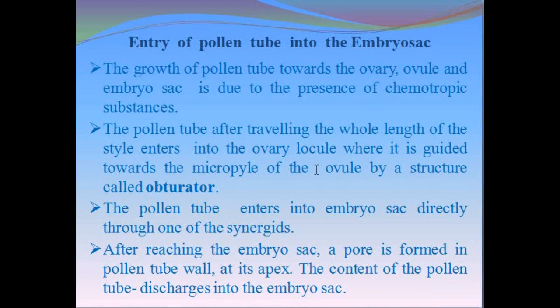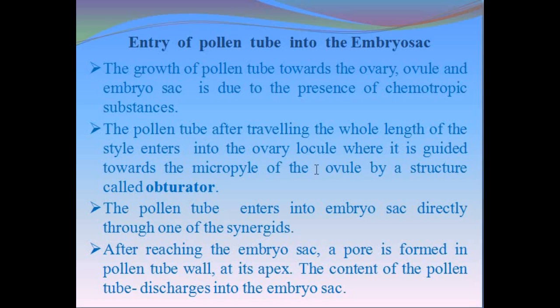Then the next step is entry of the pollen tube into the embryo sac. The growth of the pollen tube towards the ovary, ovule and embryo sac is due to the presence of certain chemical substances in the ovule. Irrespective of the place of entry of the pollen tube into the ovule, whether it is porogamy, chalazogamy or mesogamy, the pollen tube must enter the embryo sac only at the micropylar end.